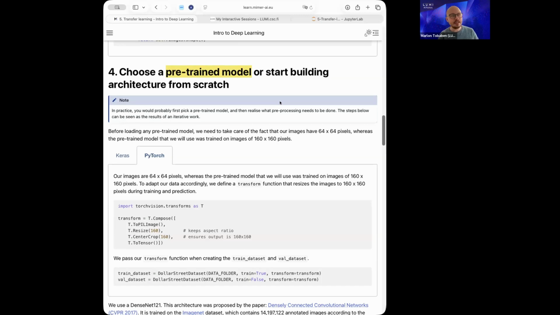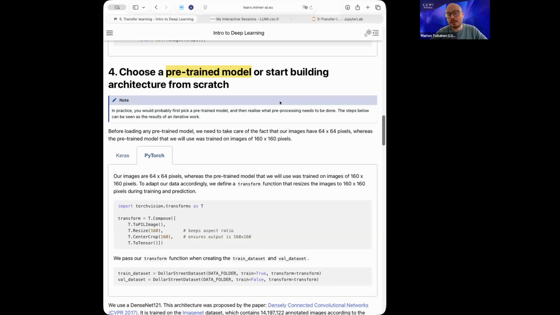Our data here has 64 by 64 pixels, but you cannot take it for granted that every existing model in the world that you might want to use has exactly this 64 by 64 pixels.